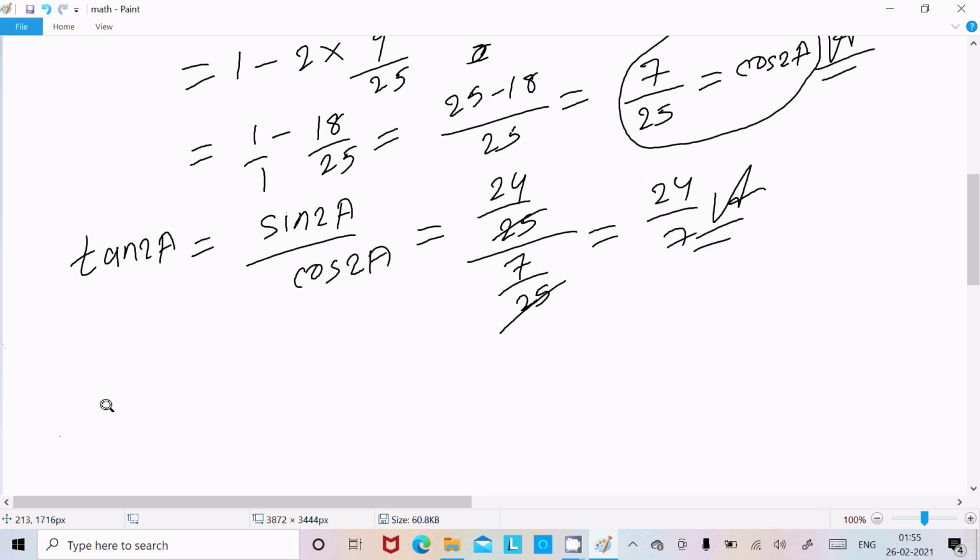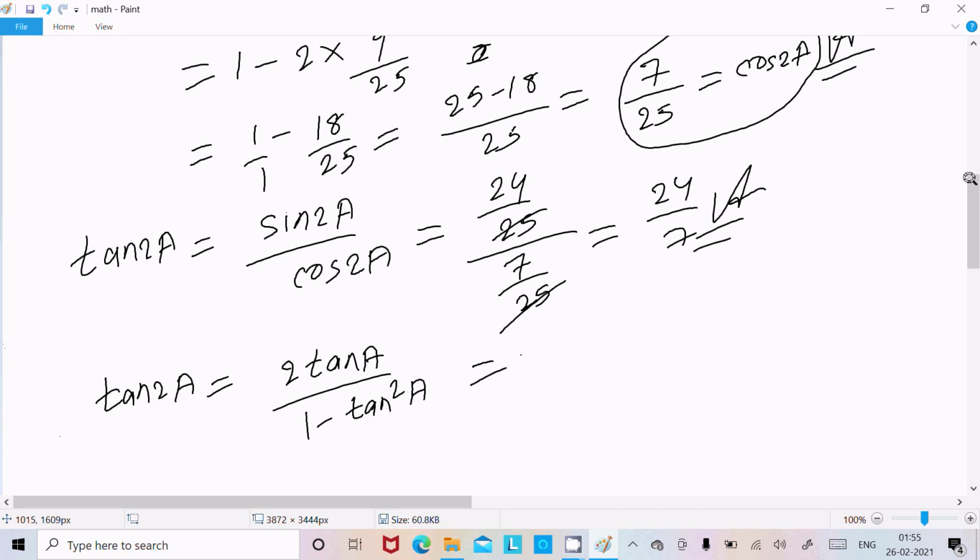Or if you know the second way, let's see about the second way. Tan 2A, so we already know the formula is 2 tan A divided by 1 minus tan square A. So this is the formula.